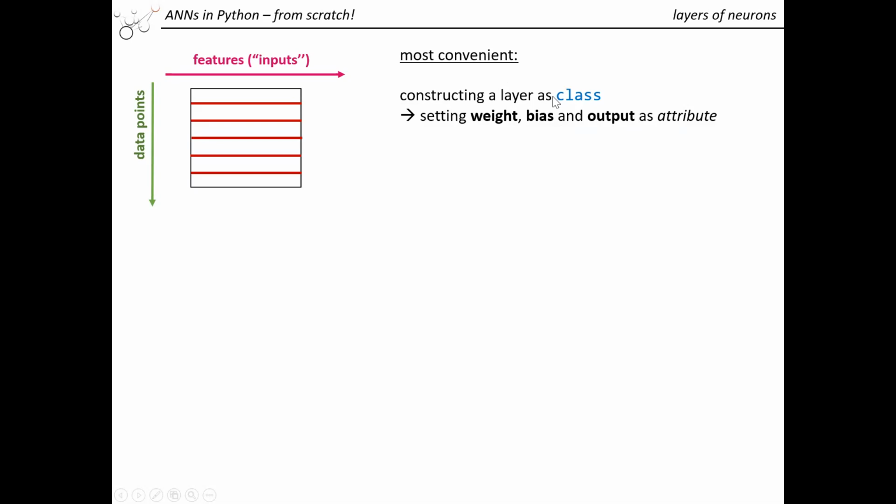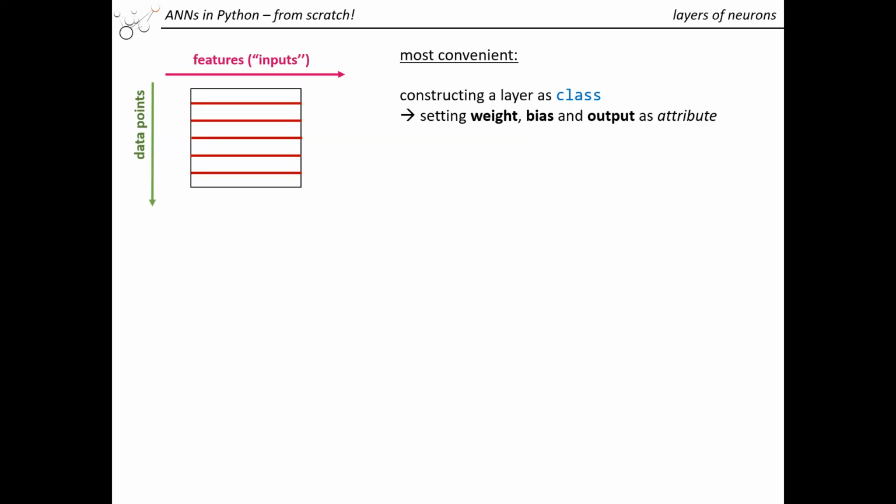Because in the end, we want to create an entire module for our neural network, and this module will contain different classes, and among them there will be the layer, and there will be other things like the optimizer, and so on. And also for the backpropagation, we need different classes.